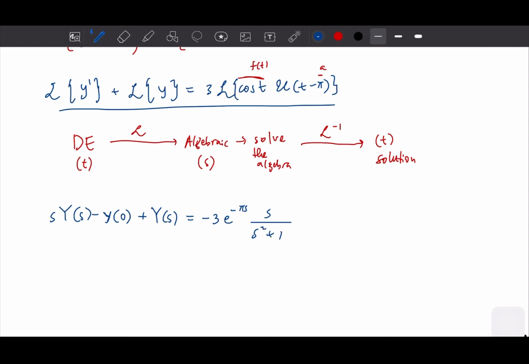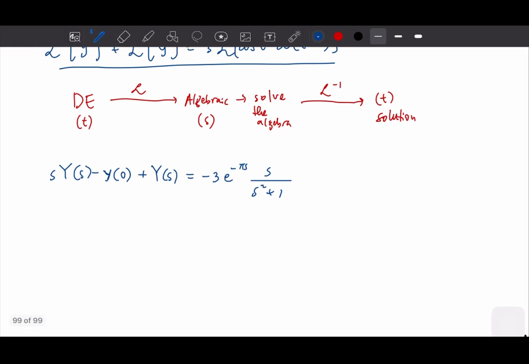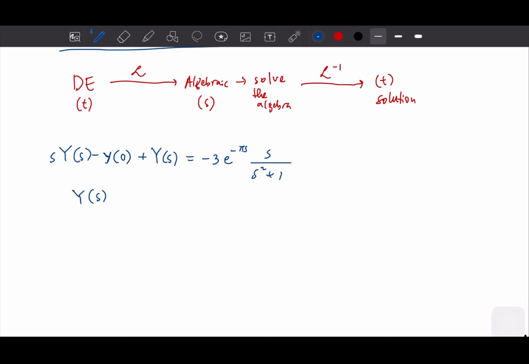It's the same thing, I'll just rewrite the structure. Then we solve the algebra for s, or let me write it one by one.